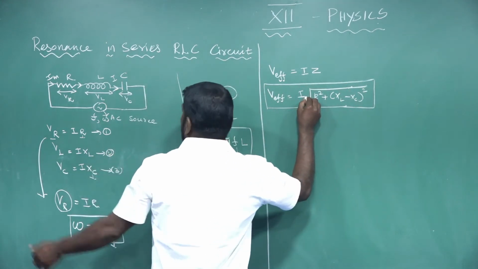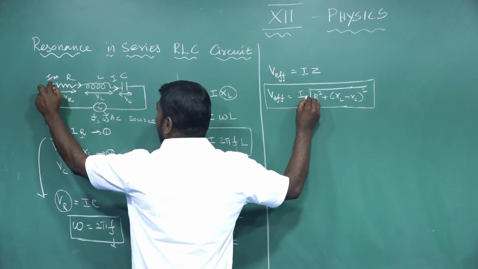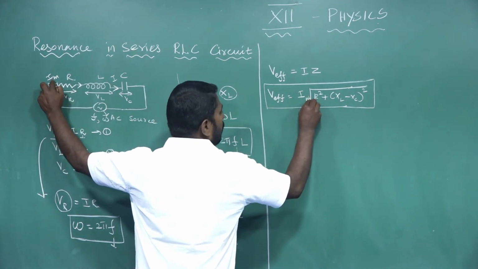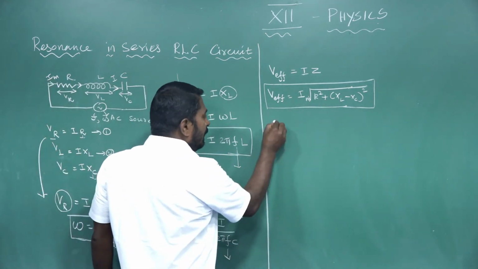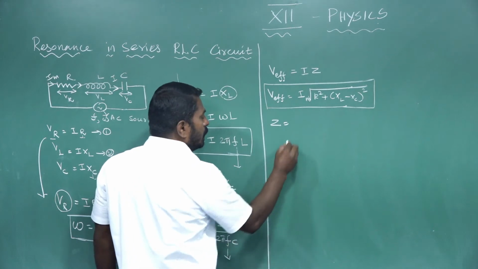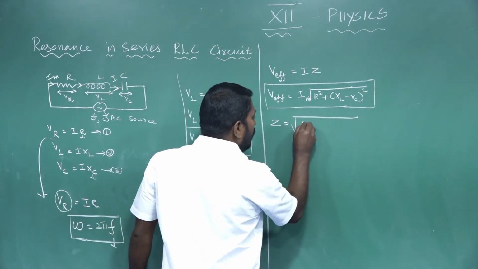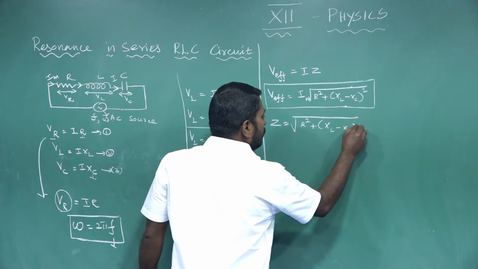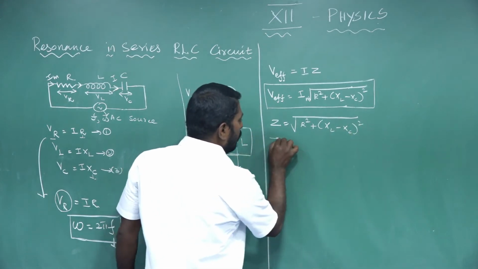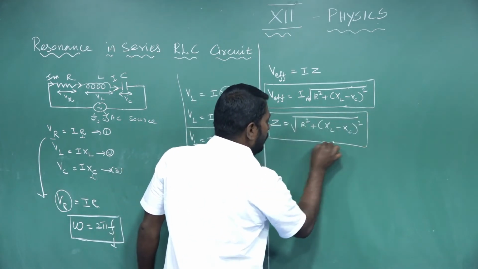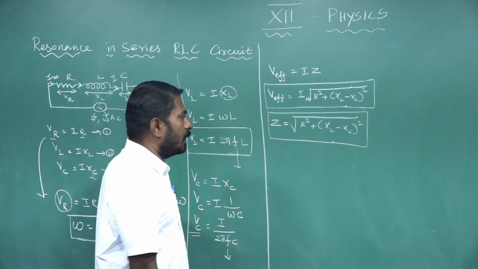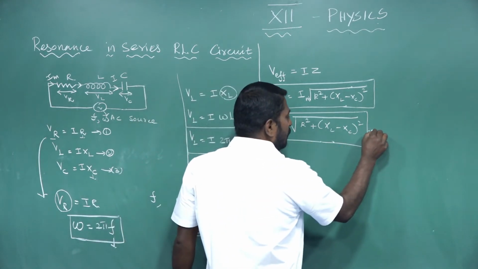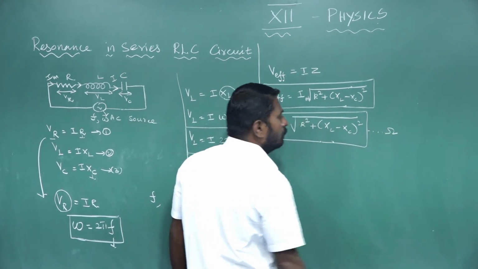Here I represents IM. The impedance of the series RLC circuit Z is equal to the square root of R square plus XL minus XC whole square. The SI unit of impedance of the series RLC circuit is ohm.